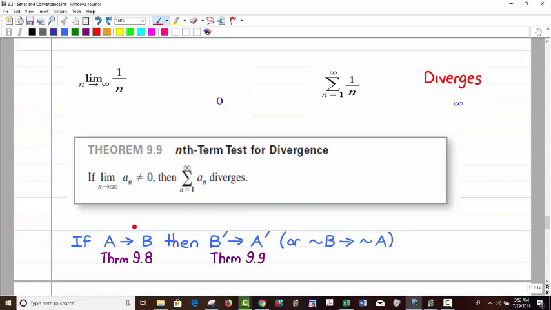Like I said, if A implies B, you can't say B implies A, but you can say not B implies not A. Some books use the prime for not, or they use a little thing called tilde in logic, but it means not. So the limit not equaling 0 means it does not converge. So it's actually the logical opposite of Theorem 9.8.